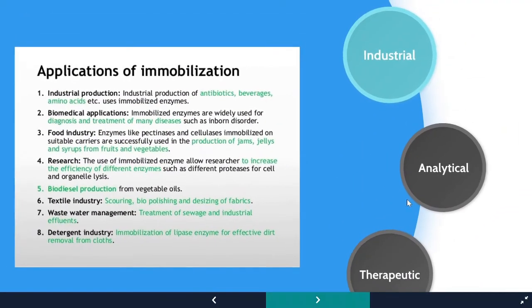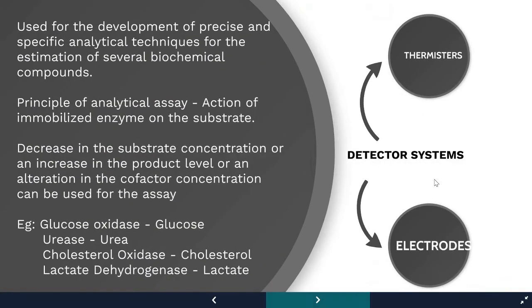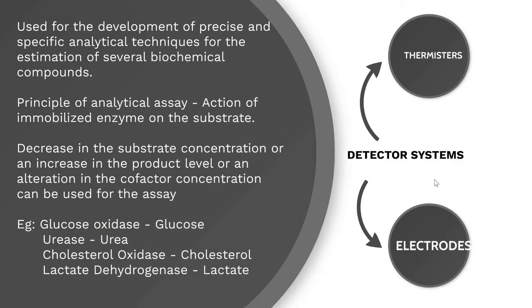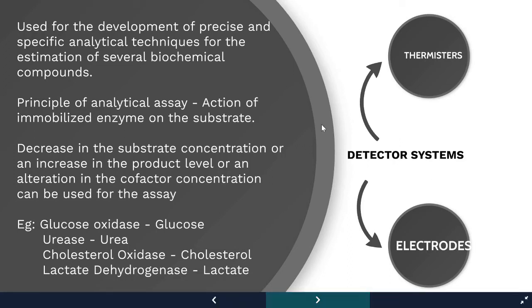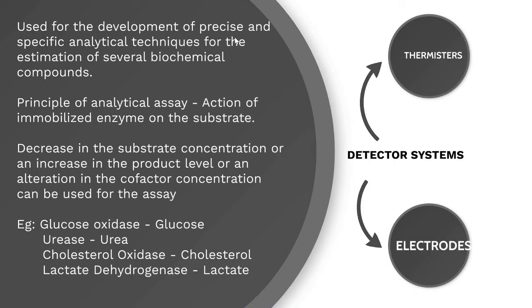Coming to the analytical applications, these immobilized enzymes can be used for the development of precise and specific analytical techniques for the estimation of several biochemical compounds. And the main principle of this analytical assay primarily involves the action of the immobilized enzyme on the substrate.